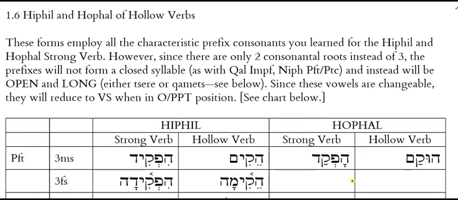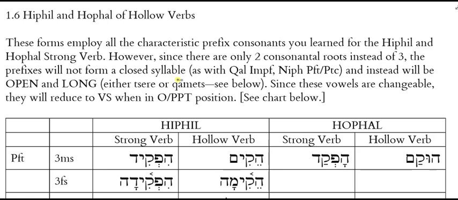All right, let's look at the hifil and hofal of hollow verbs as fast as we can go. These forms employ all the characteristic prefix consonants that you've learned for the hifil and the hofal strong verb. However, since there are only 2 consonantal roots instead of 3, as we have with the strong verb, the prefixes in the hollow verb forms of the hifil and hofal will not form a closed syllable.